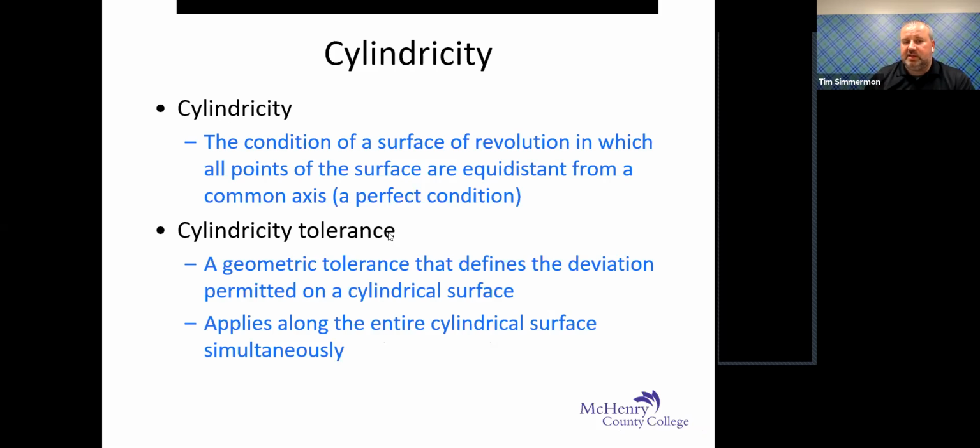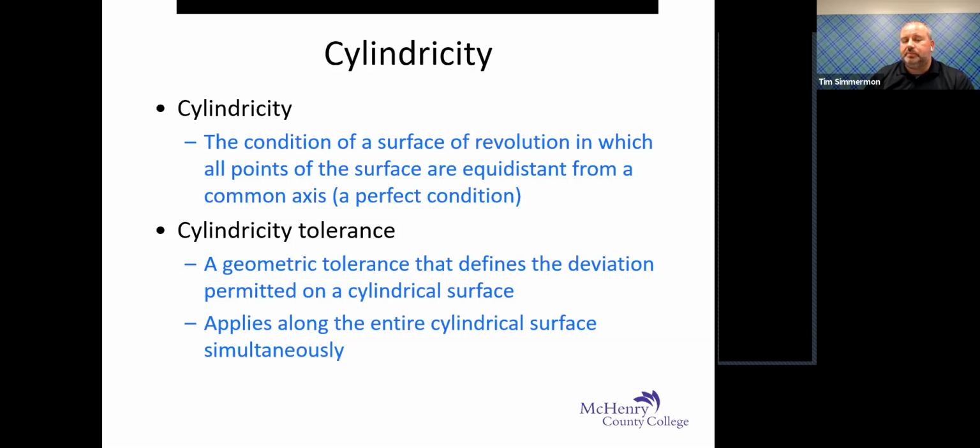So cylindricity is the condition where the surface of that entire revolution, all points within that revolution, have to be equidistant from a common axis. So the center line. Cylindricity tolerance is the tolerance that defines the deviation permitted on that surface. It applies for the entire length of the cylindrical surface simultaneously. That's the big key, the simultaneously.